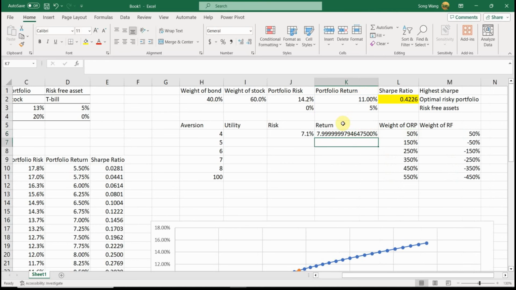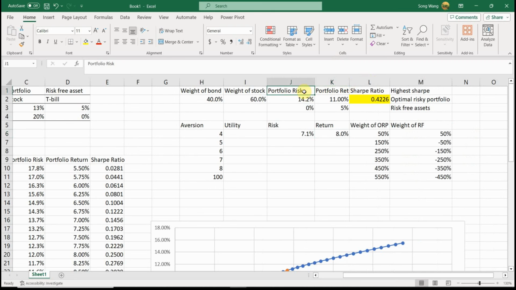Let me just decrease the decimal here. This time I don't want to name it portfolio risk, just call it risk and return, because truly I have two assets here, not just a risky portfolio.